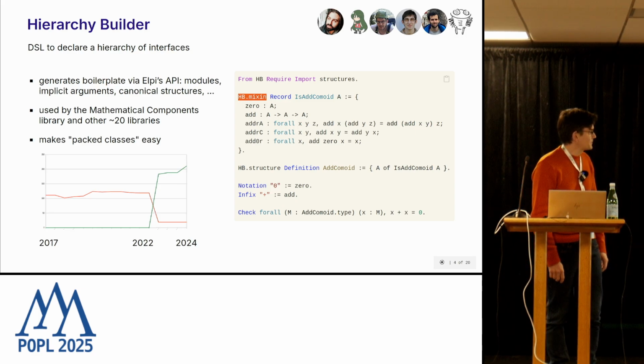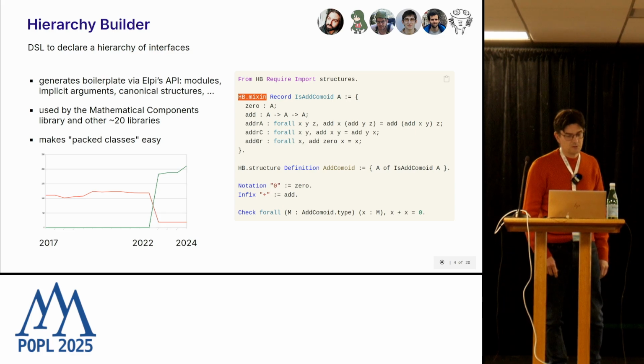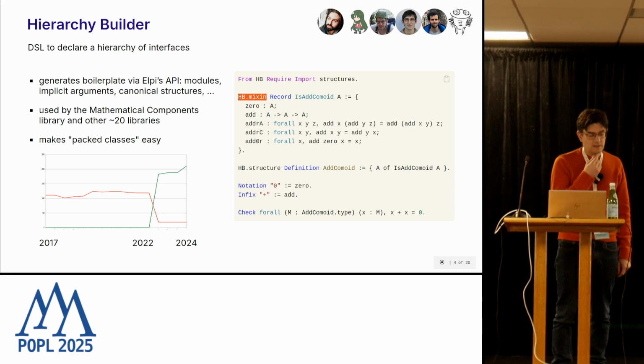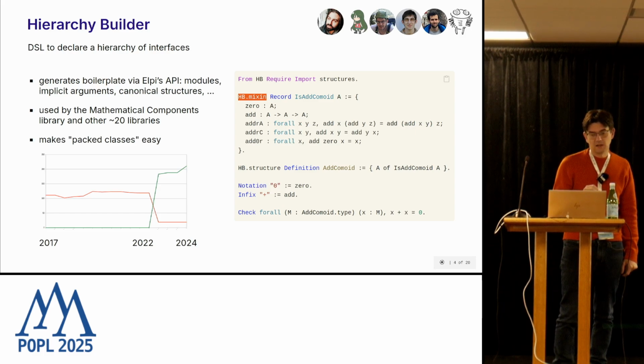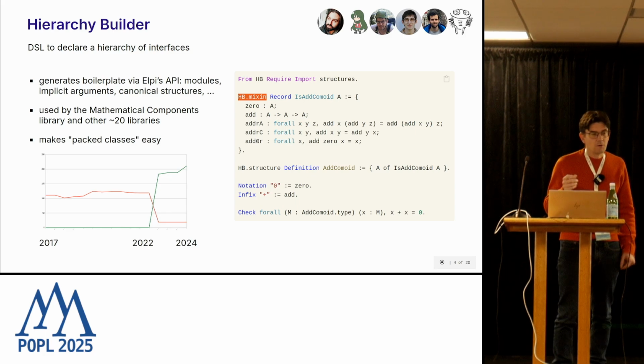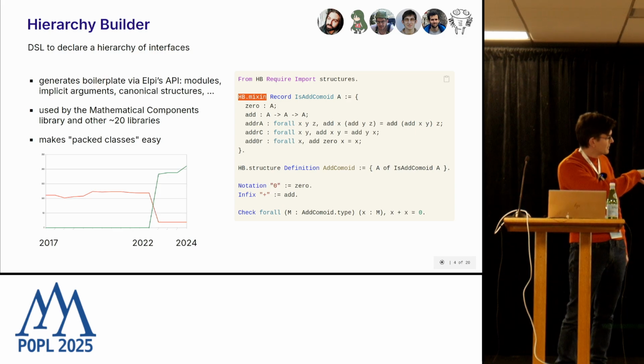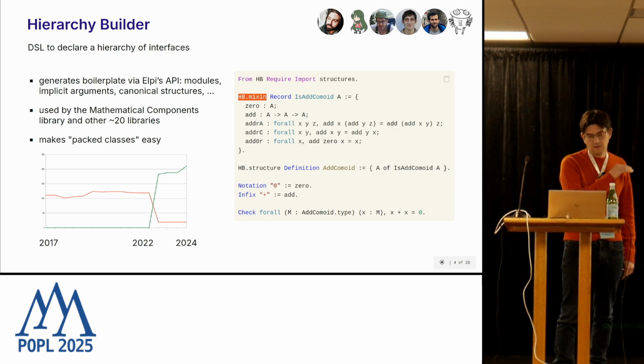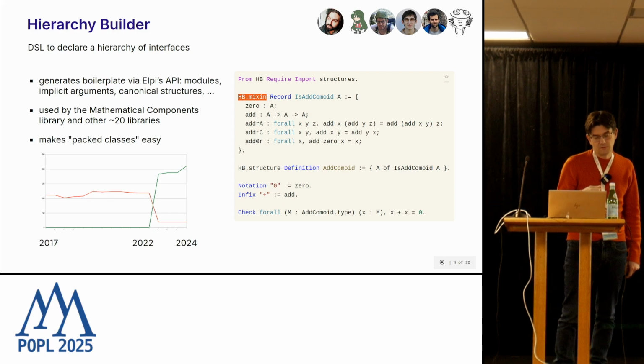And what I really like about HB is that when we ported the Mathematical Components library to it, it kind of unlocked the growth of the algebraic hierarchy. The red line in the graph down there is the number of interfaces up to 2022, and the number was stagnant. It was really hard to add more interfaces.